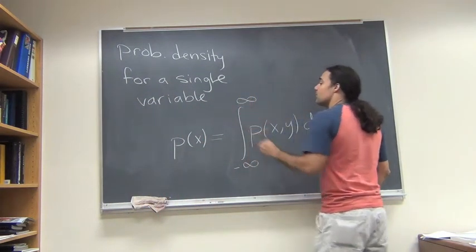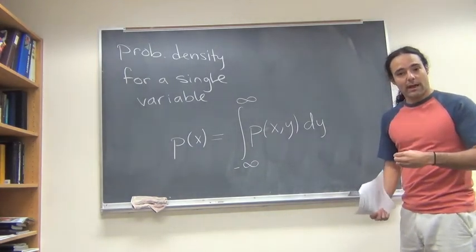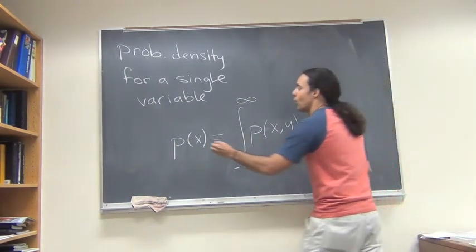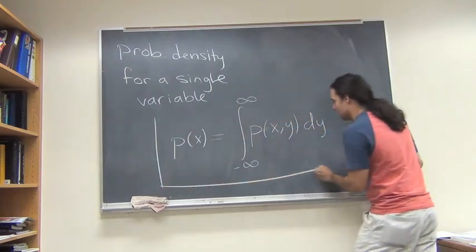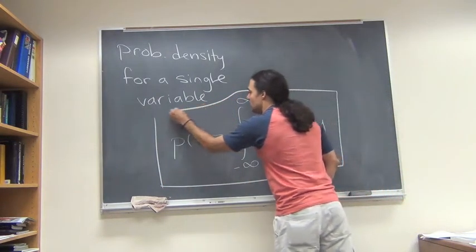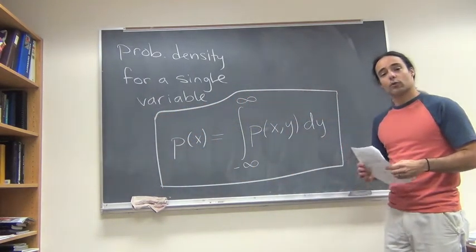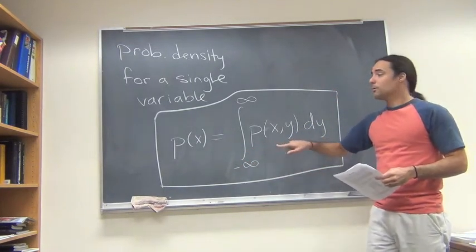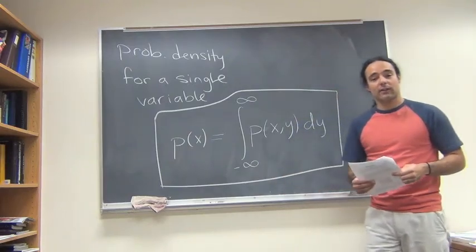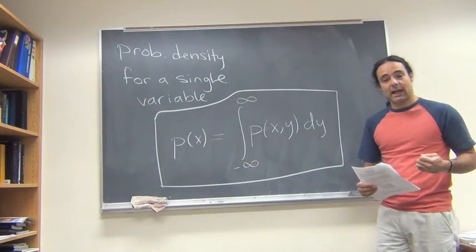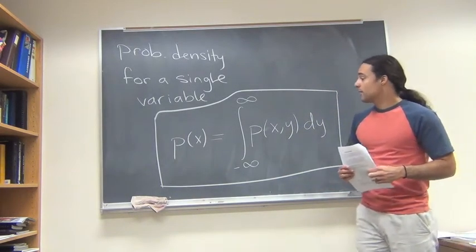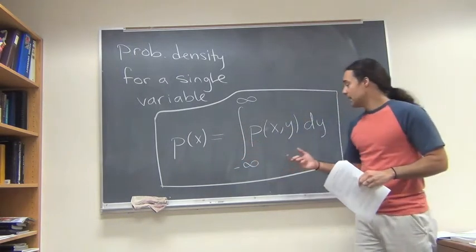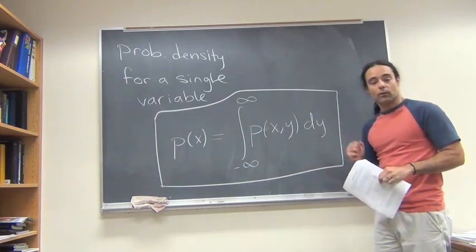And this will give me the probability density for x irrespective of what y happens to be. So we can go from the joint probability density to a single probability density just by integrating out one of the variables. Similarly, if I wanted p of y, I would do the same thing, except I would integrate over dx instead.